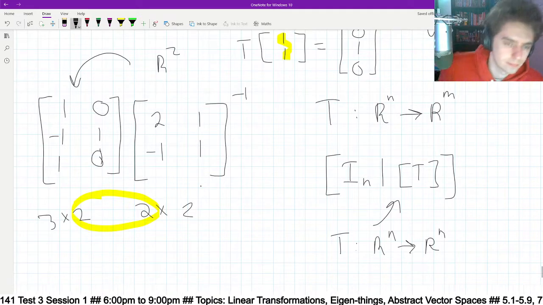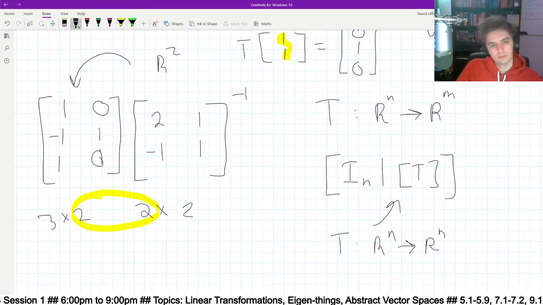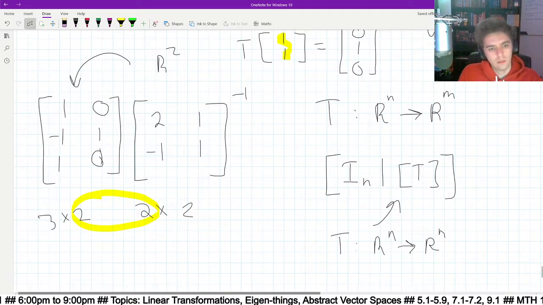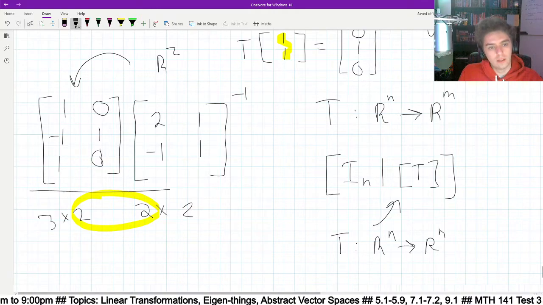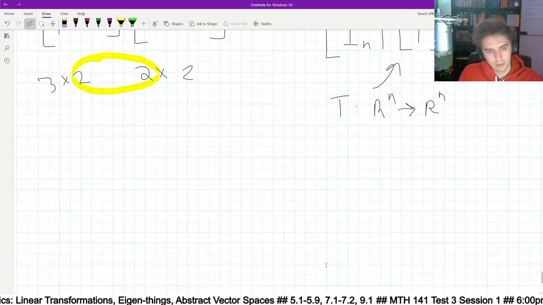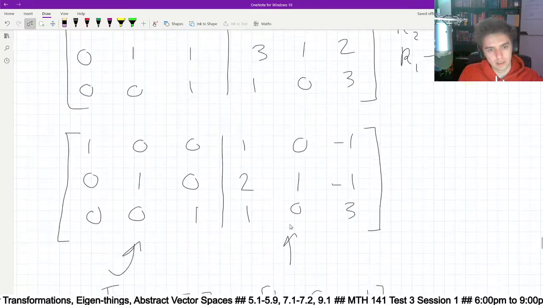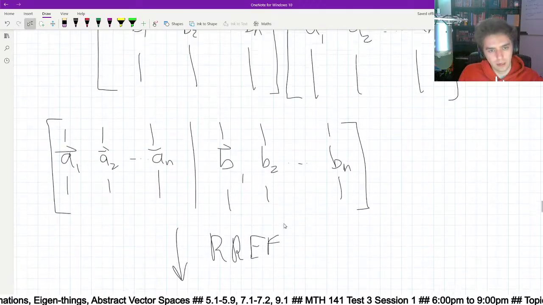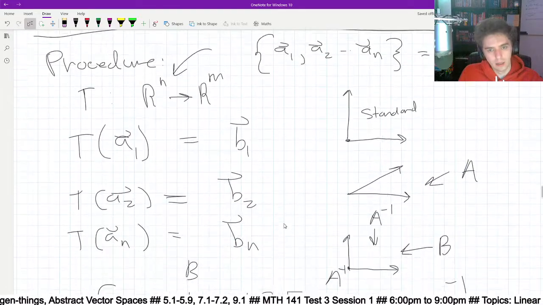No problem. So what is this form here actually? In general, with the inverse here, it's what I wrote up here.